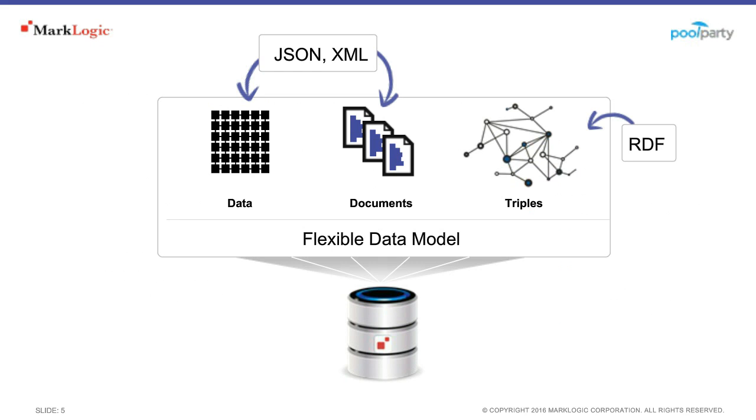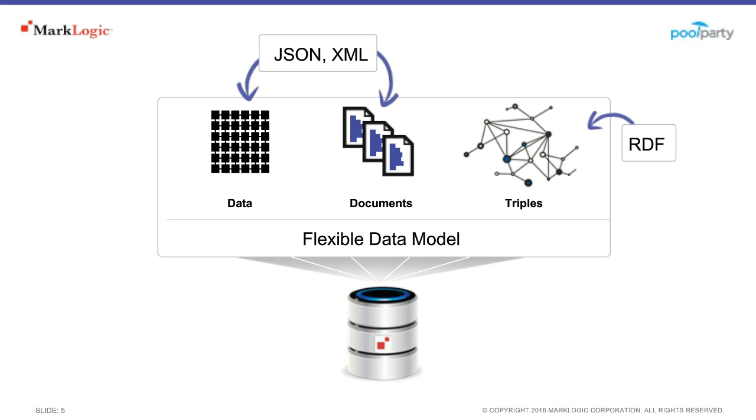We talked about a flexible data model. You can store data that you're used to from relational databases, perhaps. You can store documents. Data and documents are both stored, persisted in the database as JSON or XML. Both are stored and managed and queried natively in MarkLogic. You can also store triples in MarkLogic, RDF triples for semantics.